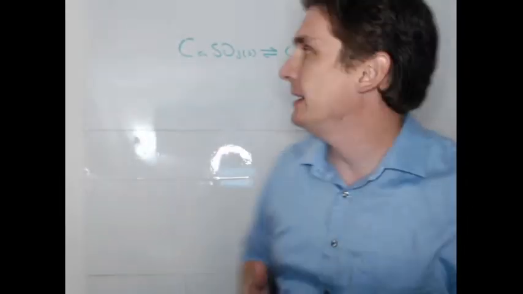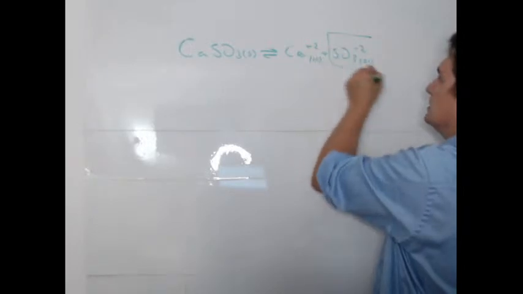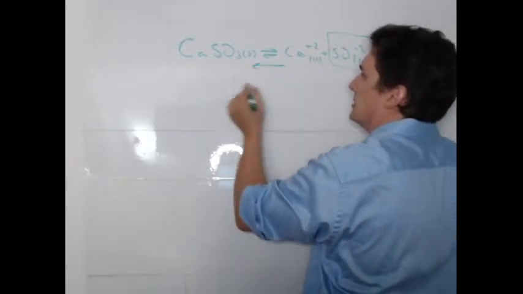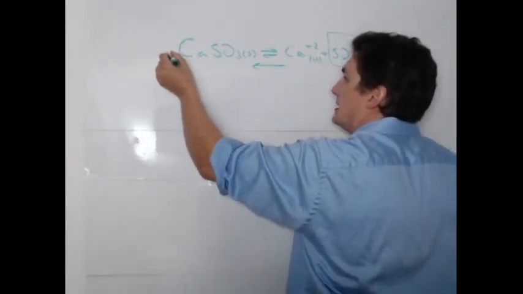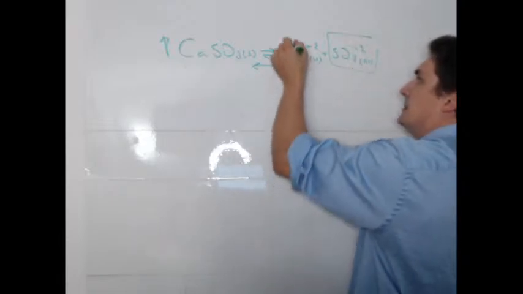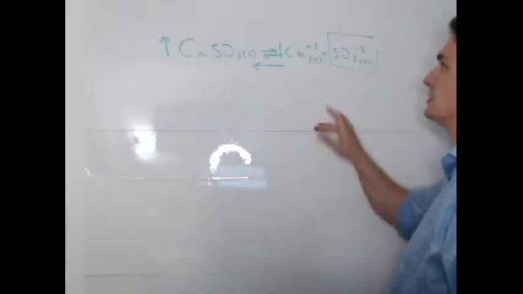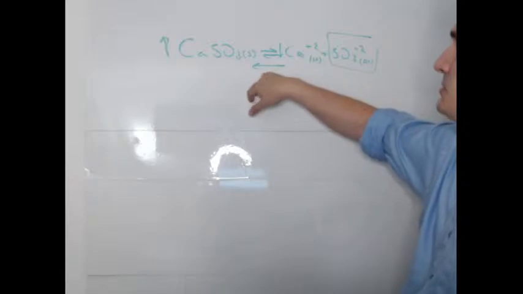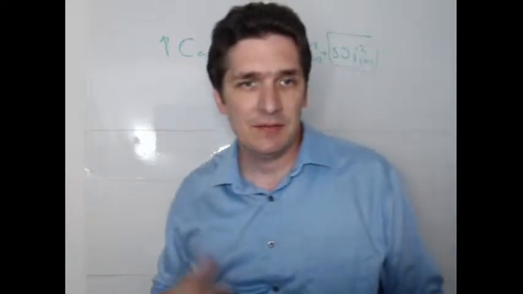If you're adding a product, you're going to drive the reverse reaction. This means that the amount of calcium sulfite is going to increase and the amount of calcium is going to decrease, because we're going to have to remove it, drive the reverse reaction in order to get rid of it. So you got 4 answers here.